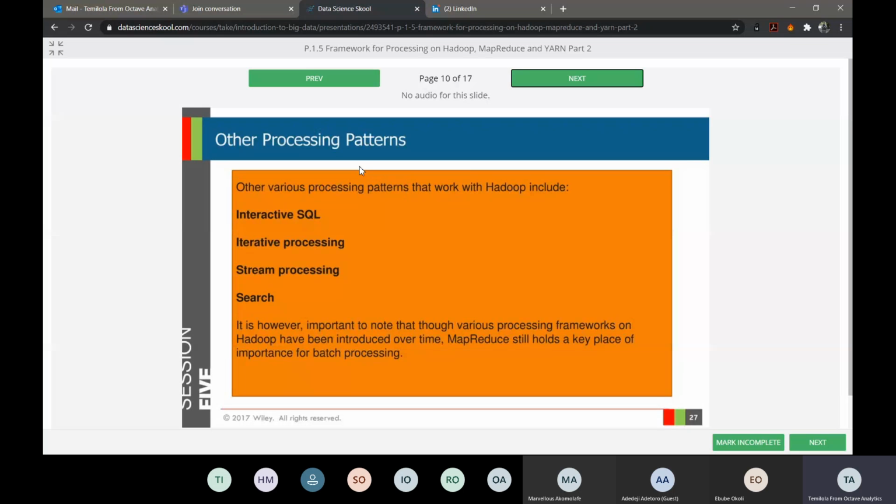Then iterative processing, what does it mean? Iterative processing means algorithms or processes that are iterative in nature, like your machine learning algorithms, whereby you try to build a predictive model for maybe predicting churn rate, or predicting loans that are performing or non-performing, or predicting house prices, be it a regression task or a classification task.